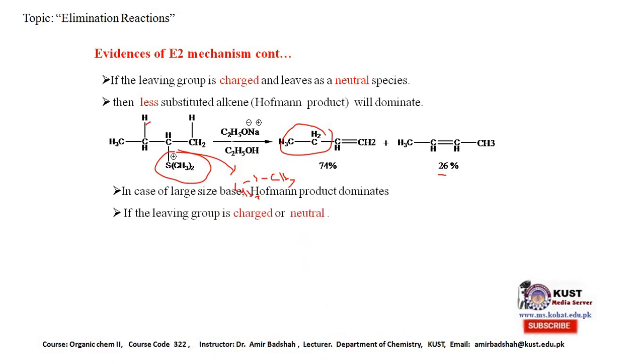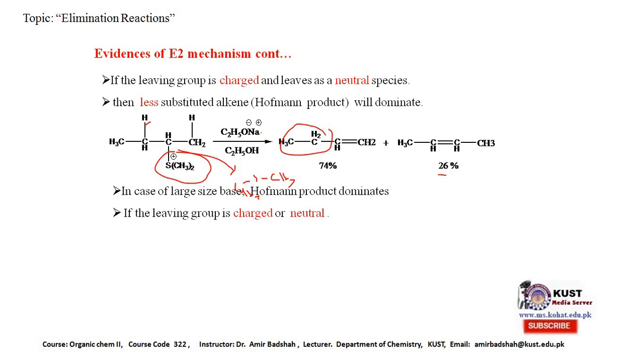In some cases, the base, as I have mentioned in the previous slide, is potassium hydroxide or sodium hydroxide or sodium ethoxide, or sometimes a base of large size, for example potassium tertiary butoxide, is used.